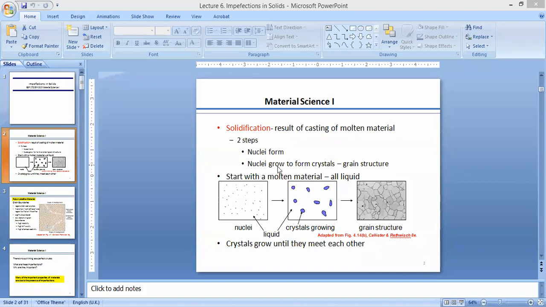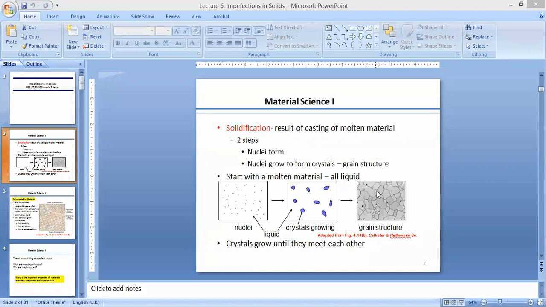These nuclei grow later to form crystals. As these are expanding, over time, they begin to look like this. As more atoms are joining in, the nucleus keeps growing until finally the boundaries meet, to that size, to this size here, where it is now joining with the next nucleus.